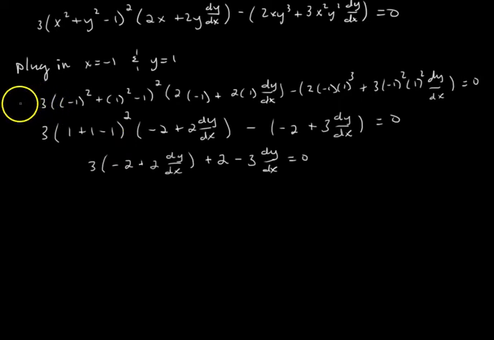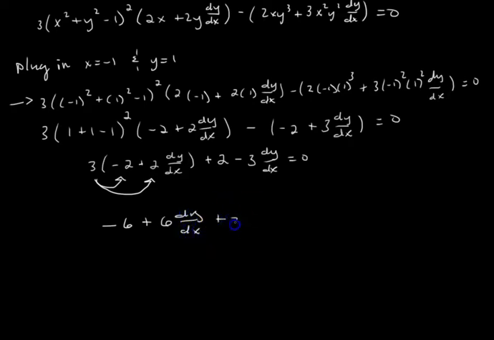So in this first row here, I plugged in -1 wherever there's an x and +1 wherever there's a y. This simplified to the second row, which simplified further to this third row. And so now all that's left, we'll distribute this 3 to these two terms. So we get -6 plus 6 dy dx.